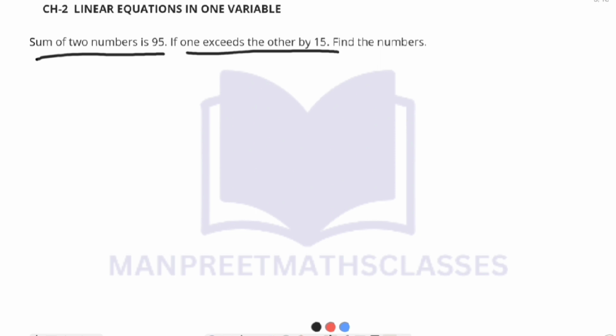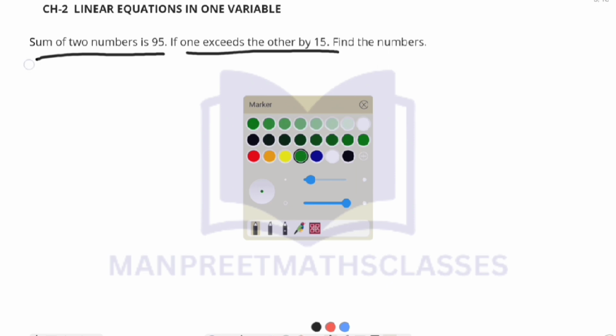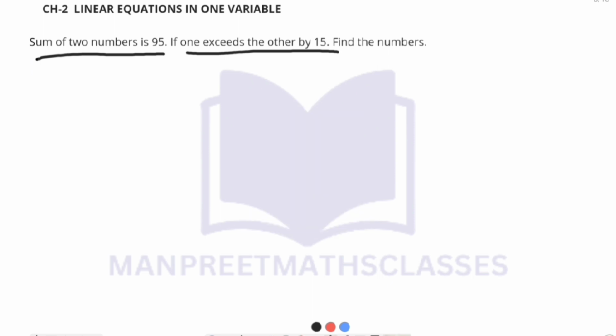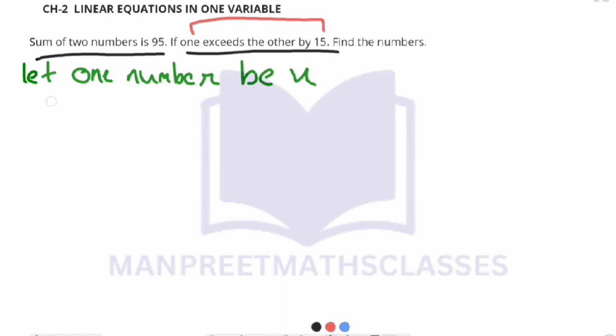If one exceeds the other by 15, और जो एक नंबर है वो दूसरे नंबर से 15 ज्यादा है, तो हम क्या करेंगे, सबसे पहले एक नंबर सपोज कर लेंगे. लेट वन नंबर बी x. अब जब आपने एक नंबर सपोज कर लिया तो आपके क्वेश्चन में कंडीशन गिवन है दैट अदर नंबर इज एक्सीड बाय 15, मतलब जो दूसरा नंबर है वो 15 ज्यादा है. सो यू विल राइट अदर नंबर बिकम्स, क्या बन जाएगा वो, x प्लस 15.